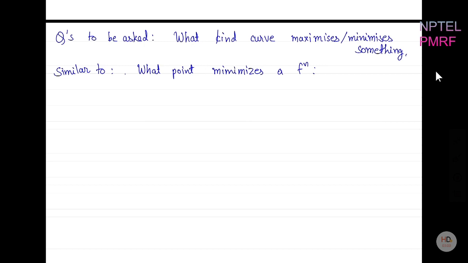And that answer is simple. It's the point x star for which the derivative of the function is equal to 0, right? That is in general a minimum or maximum. It could be a saddle point as well. Or if the function is multidimensional, if it can take a vector argument, then it's the point x star vector for which the gradient of that function is 0, right?